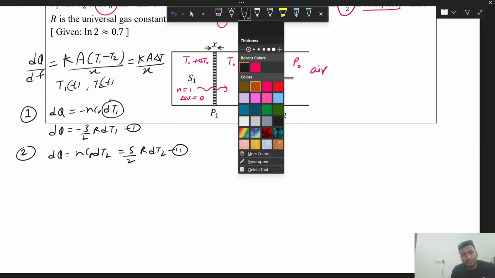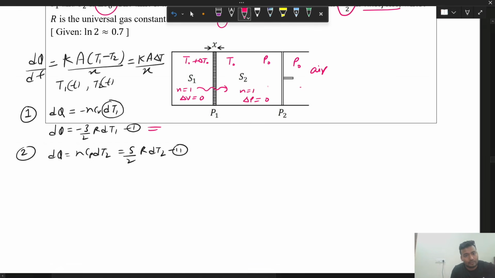Now here you have to play a little trick mathematically. What is that? In this equation I'm finding dT1, a small change in temperature of one section. So this will be 2 by 3R times dq, and from here dT2 will be 2 dq by 5R. Now what I'm doing, I'm taking this difference dT1 minus dT2.